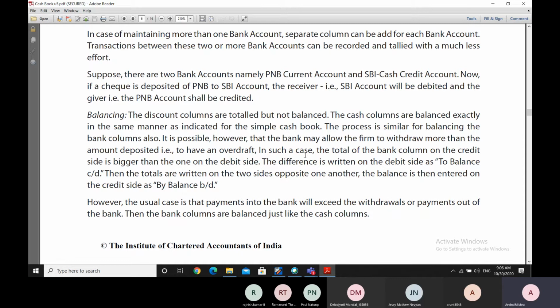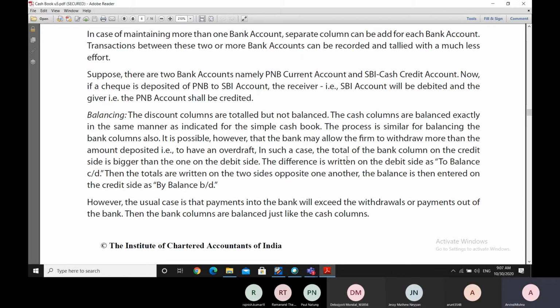Now, it is possible, however, that the bank may allow the firm to withdraw more than the amount deposited, or to have an overdraft, so to say. In that case, the total of the bank column on the credit side will become bigger than the total of the bank column on the debit side.